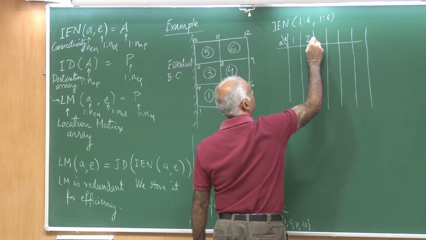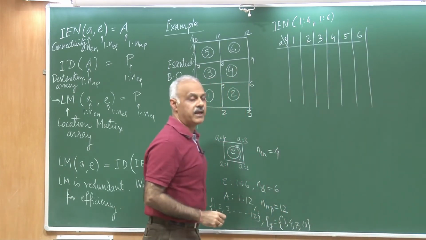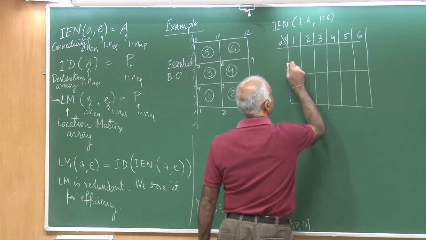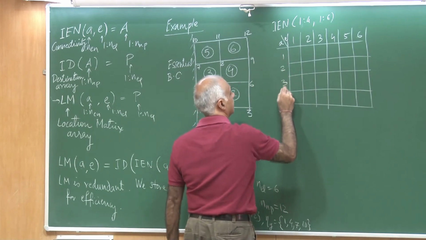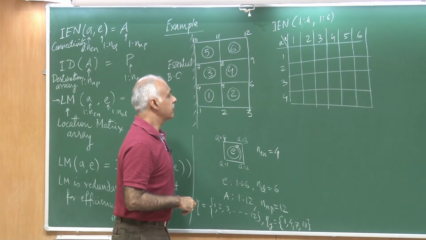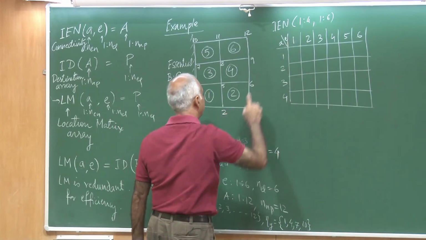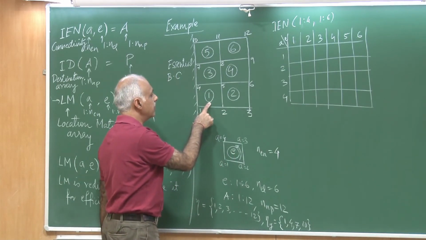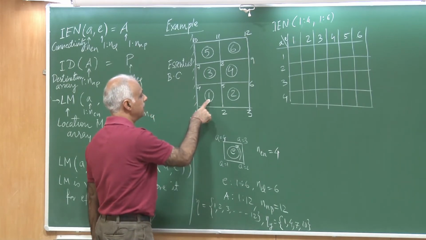So, E goes from 1 through 6 and my A goes from 1 through 4. Okay. So, let me go to the first element. E equal to 1 is the first element, which is this one, and I would like to find out which nodes, which global nodes make up this element.